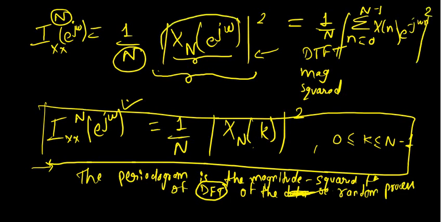I am just substituting the x of n value, which is nothing but, by the definition of the Fourier transform. Just don't get confused, because in the discrete domain this is small x of n, right? But over here we are having random processes, all these are WSS processes. That's why I'm writing capital, in order to distinguish between the process and the sequence, right?